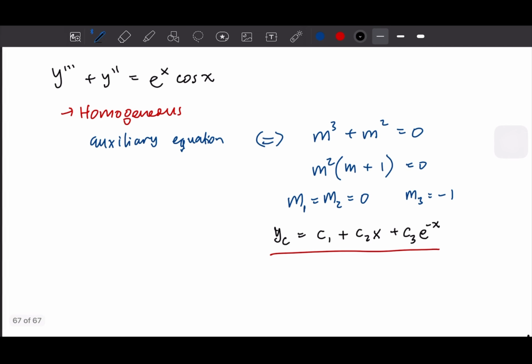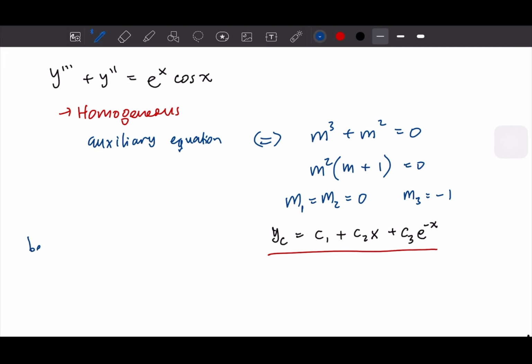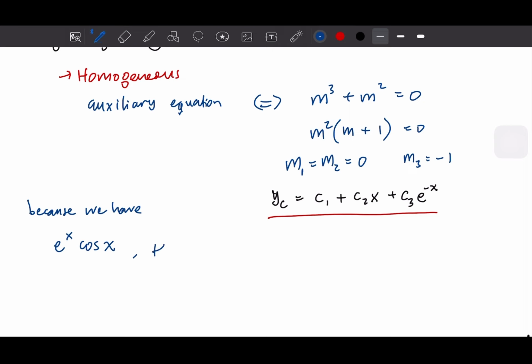And then we propose, because we have e to the x cosine x, yp. Remember we have cosine, it means that we will have something multiplied with cosine plus something multiplied with sine, or a constant. And then we have e to the power of x, so we multiply e to the x to both cosine and sine.